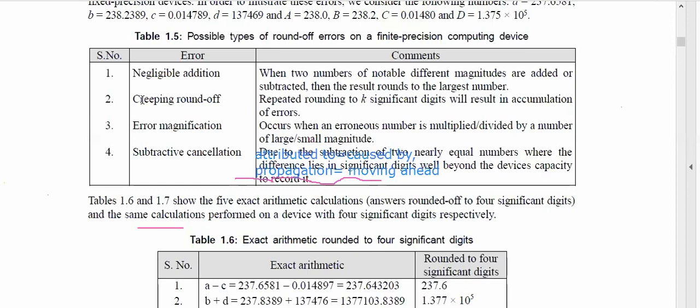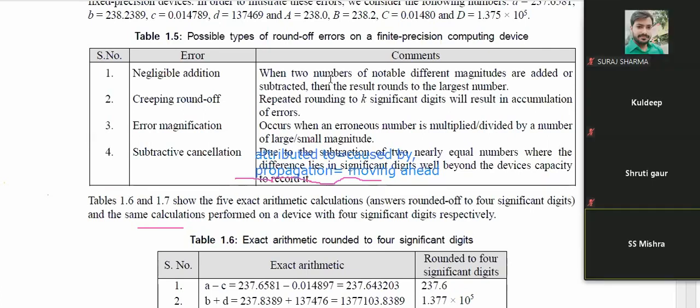Okay, then what happens? Negligible addition. You look at here, error, negligible addition. When two numbers of notably different magnitudes are added or subtracted, then the result rounds to the largest number.